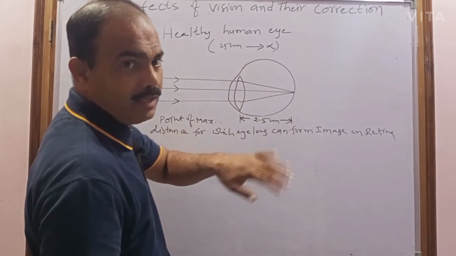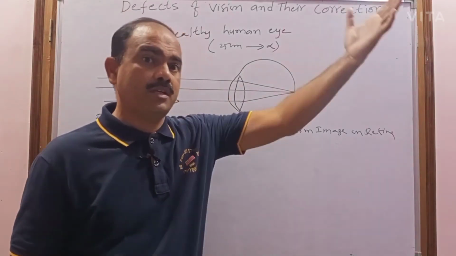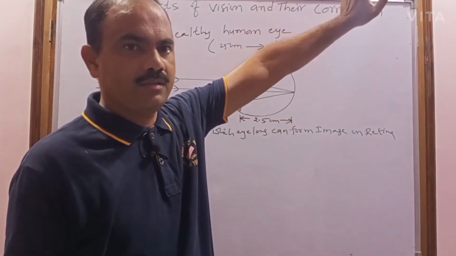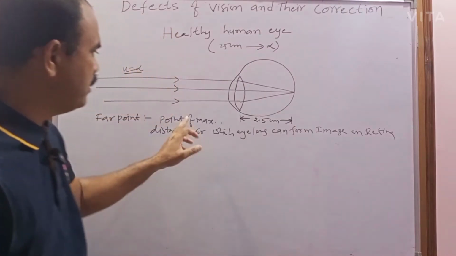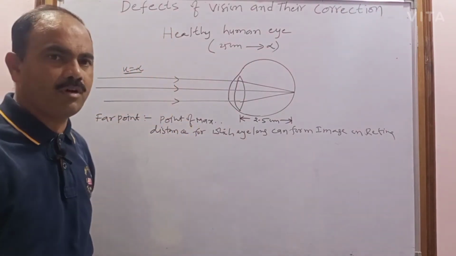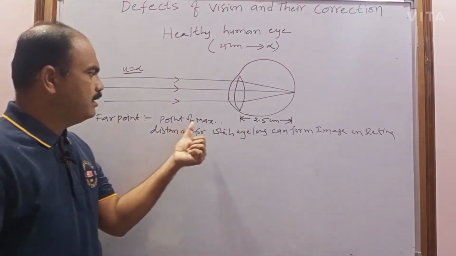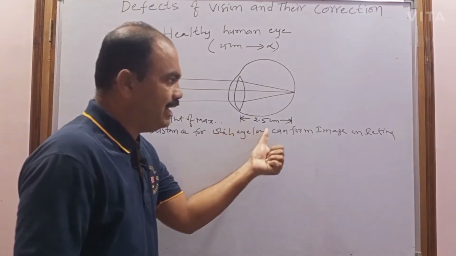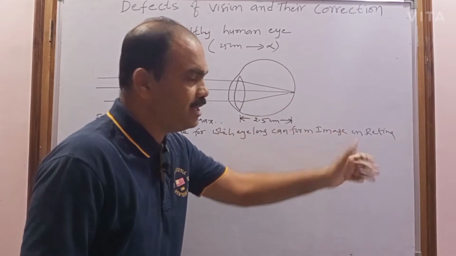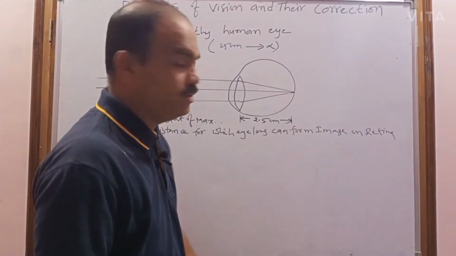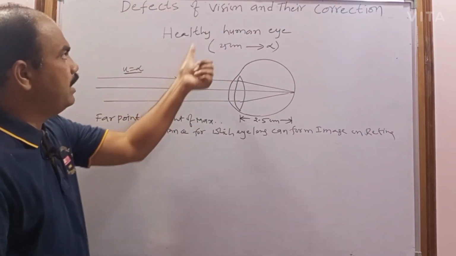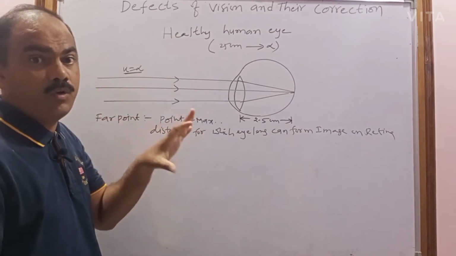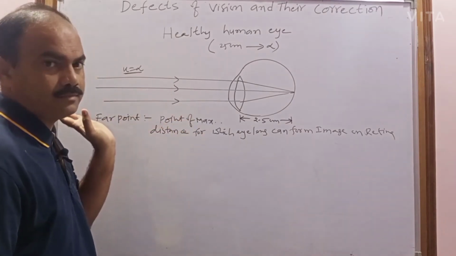The healthy human eye can see objects up to infinite distance, and that point of infinite distance is called the far point. So the far point is the point of maximum distance for which the eye lens can form the image on the retina, and the far point for a healthy human eye is infinity.